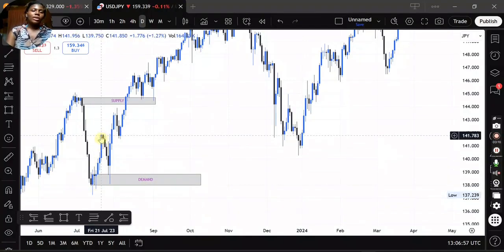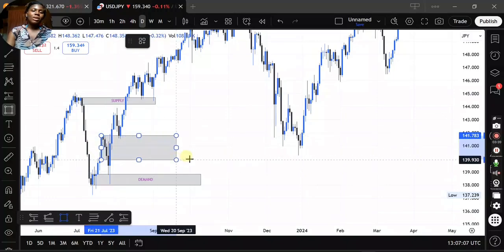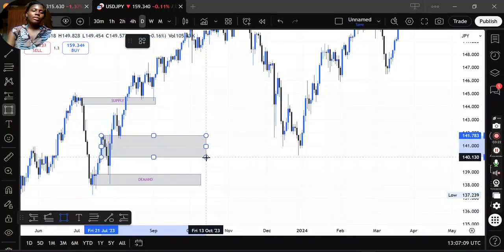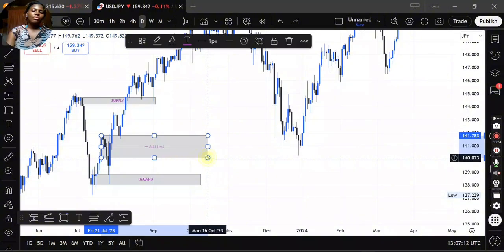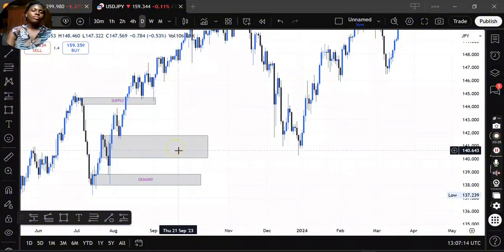Note that it's also very important that you mark out your supply and demand from higher time frames, because they are more accurate and price tends to respect them more. This will be another supply.